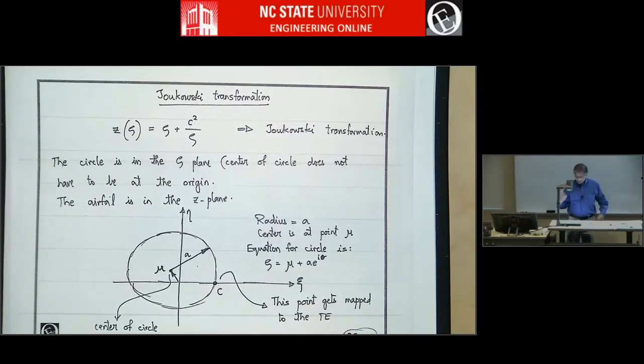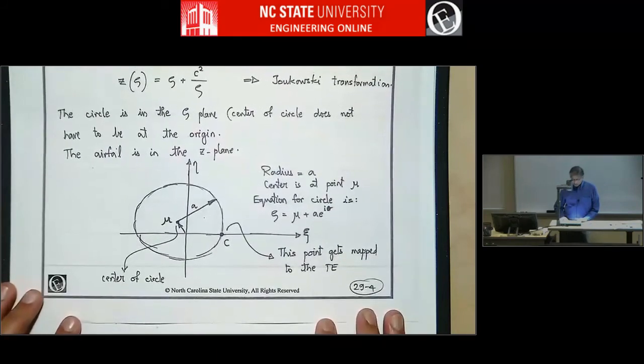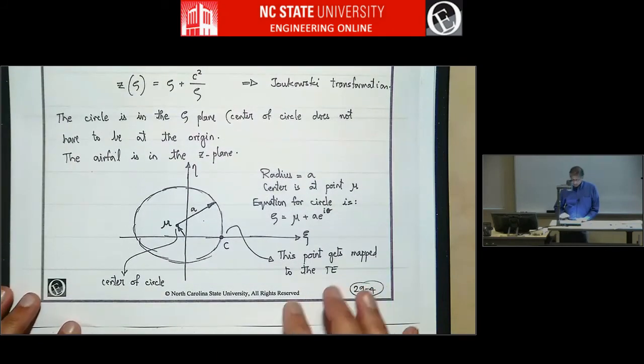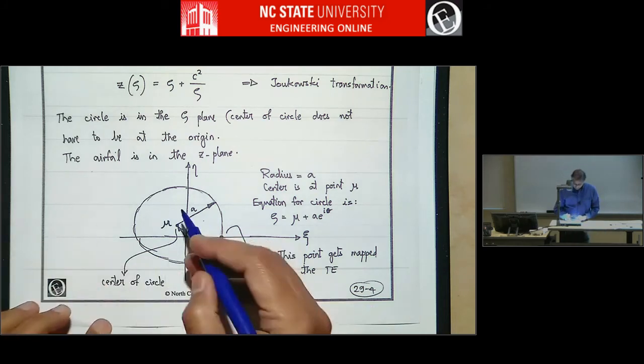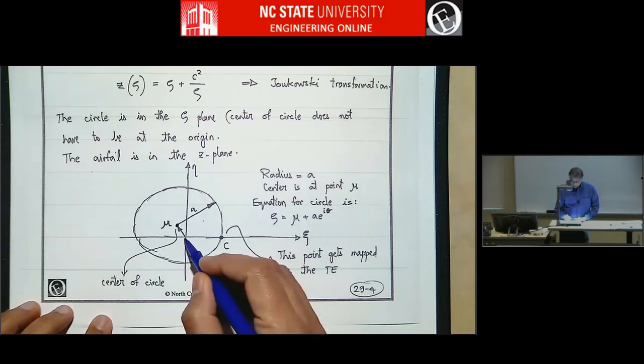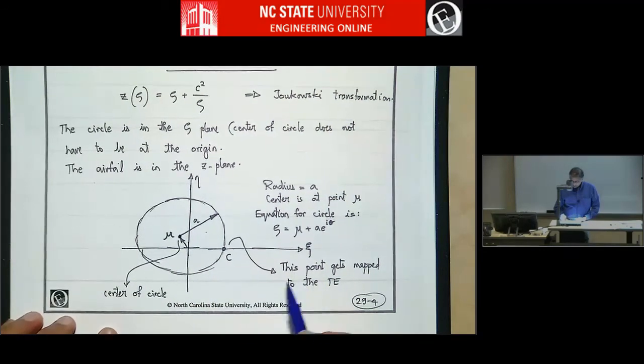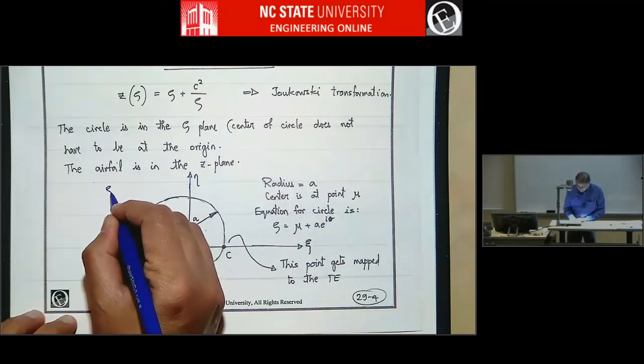We are going to take a circle in the zeta plane, but we are not going to put the circle at the origin. We'll put the circle offset from the origin, and the center of the circle will be here. So this is the origin, and this is the zeta plane, right?